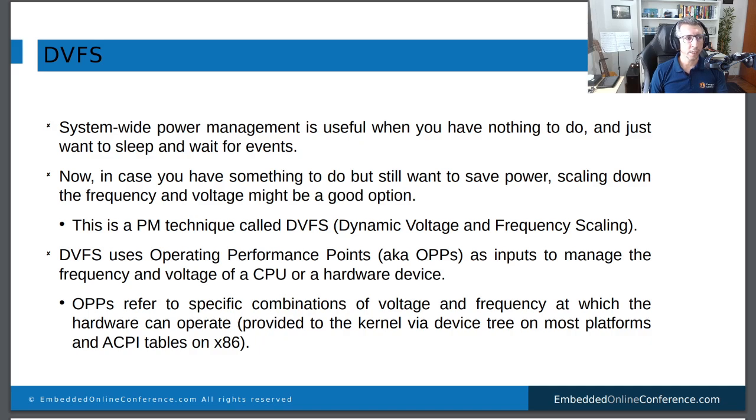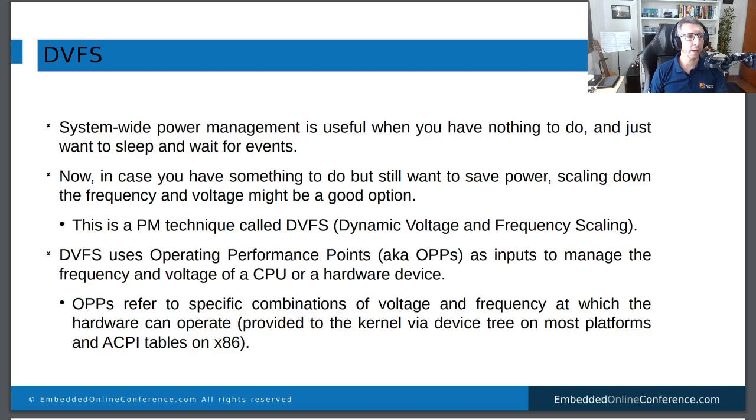Usually you have some kind of configuration at the hardware level called operating performance points that will be kind of inputs for the system to take a decision on what kind of frequencies you can use, what kind of voltages on a specific device.